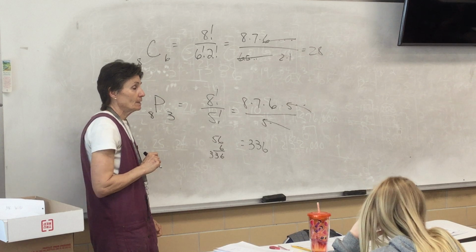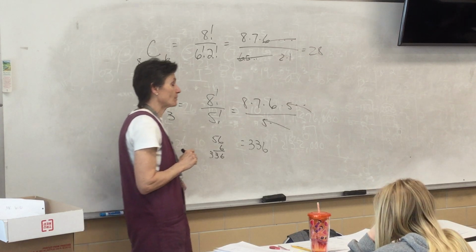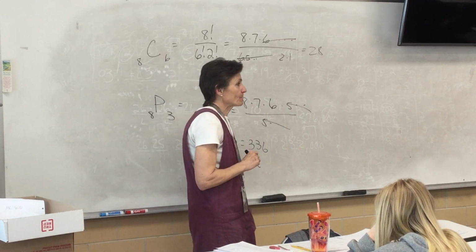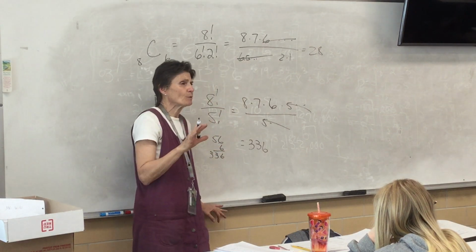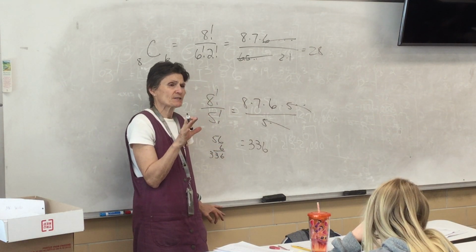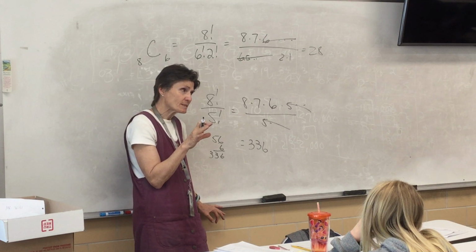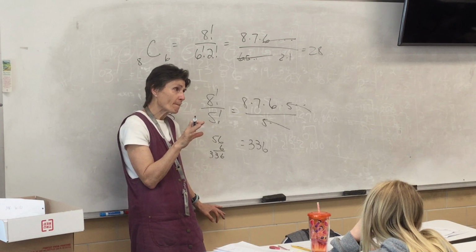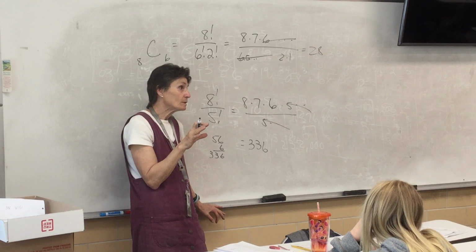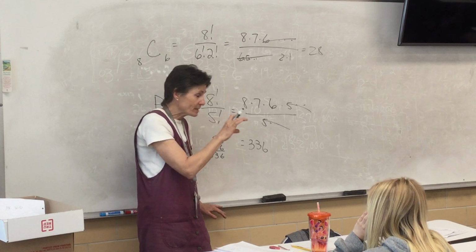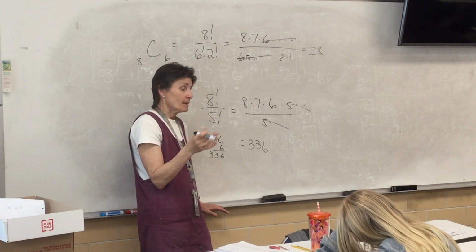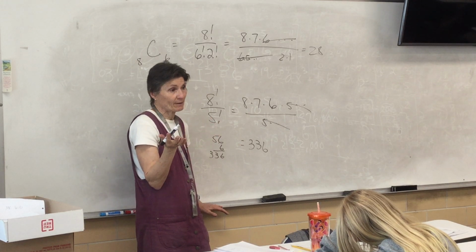Okay? Now, I'm also going to put on the quiz some problems where you don't have to do anything except tell me if it's a permutation or a combination. So what's the difference? Sir? Permutation order matters, combination order does not. Exactly. So you read the problem, it'll be a word problem, and you'll just decide, okay, does order matter or not?